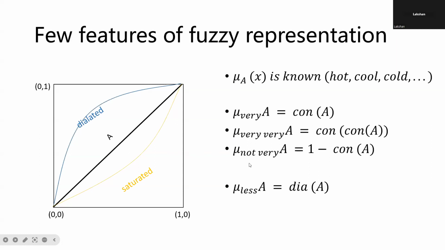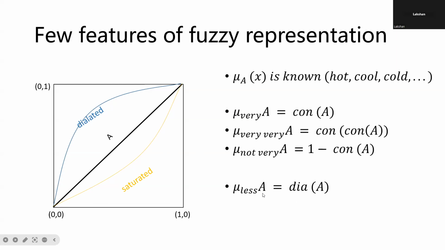If you say not very hot, it means it is hot, but not very hot, so you are taking the complement of that concentration. And finally, if it says less hot, you are moving into dilation.